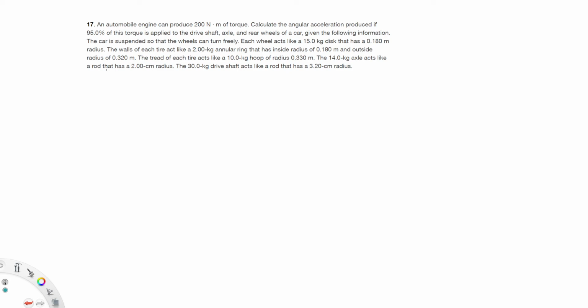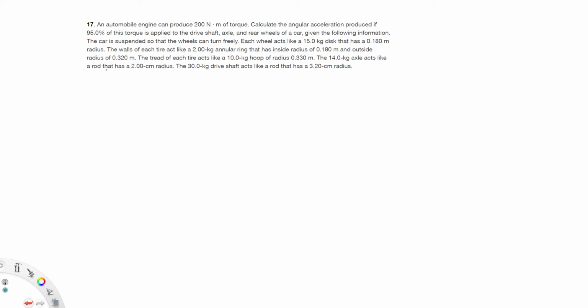Each wheel is basically a disc. The walls of the tire are like an annular ring. And the tread of each tire acts like a hoop. So this is a little bit more precise than the problem we did with the motorcycle, where they're just like, yeah, the motorcycle wheel is basically a ring.